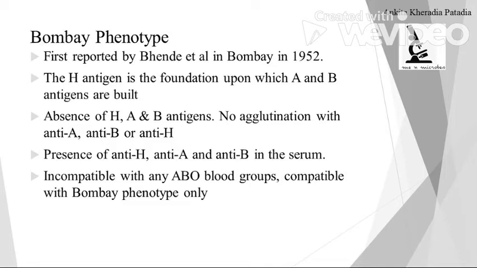That is called Bombay phenotype, incompatible with any ABO blood group and compatible with Bombay phenotype only. So Bombay phenotype blood group can donate to and accept from the same only. They are not compatible with ABO blood groups.